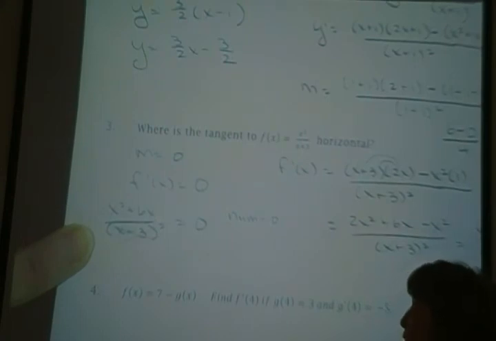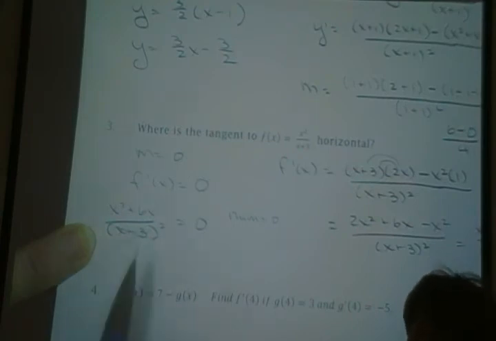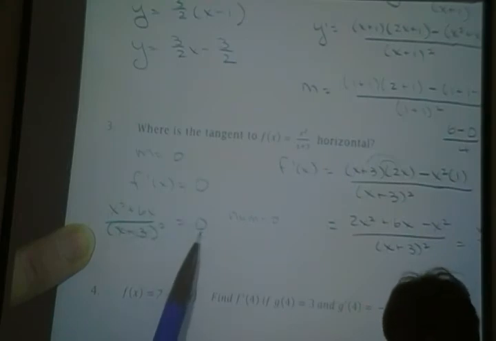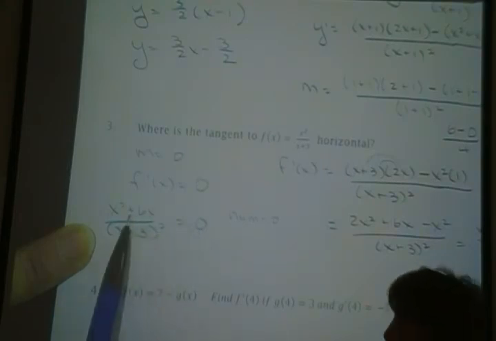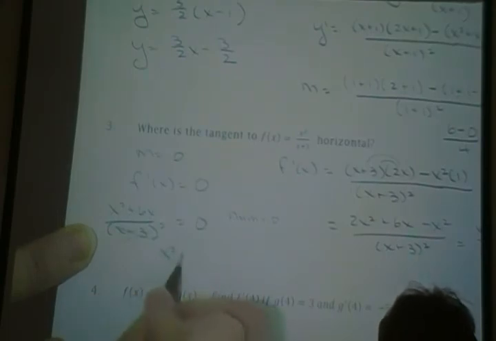I don't even care what the denominator is. Although if the denominator is also 0, 0 over 0 isn't 0, so that's a problem. But in order to figure out what value of x could possibly make this 0, I need to look at the numerator. And so I want to know when x squared plus 6x is 0.